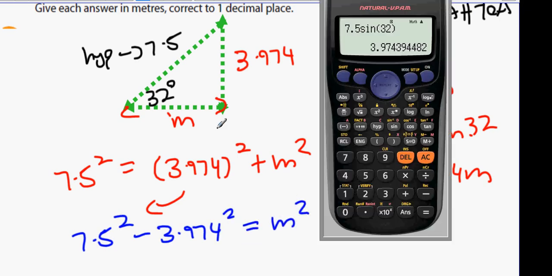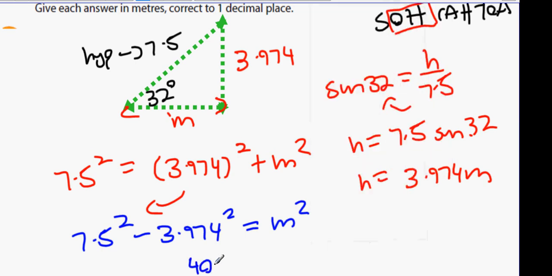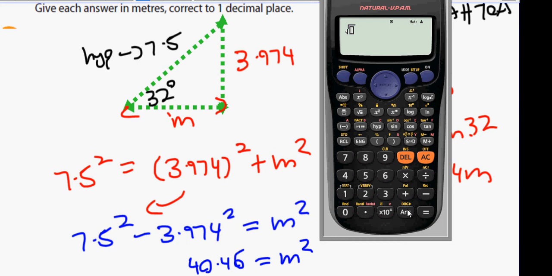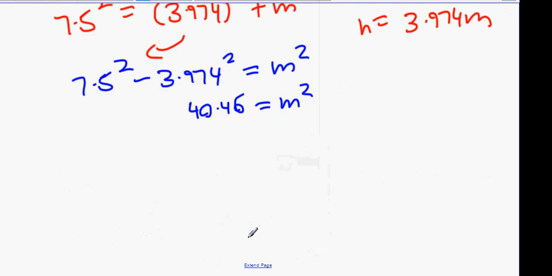Put it into the calculator. 7.5 squared minus 3.974 squared. That equals 40.46, let's call it. Square root it. The answer, and we get 6.36 meters. M is 6.36 meters.